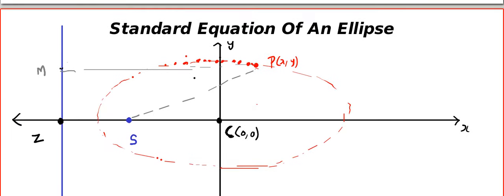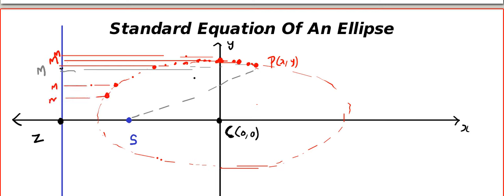Now, the second part of the proof. But before we start the second part, I'm going to show you who this M is, because I know some of you did not understand that clearly. Just imagine if P is here, then M will be here.